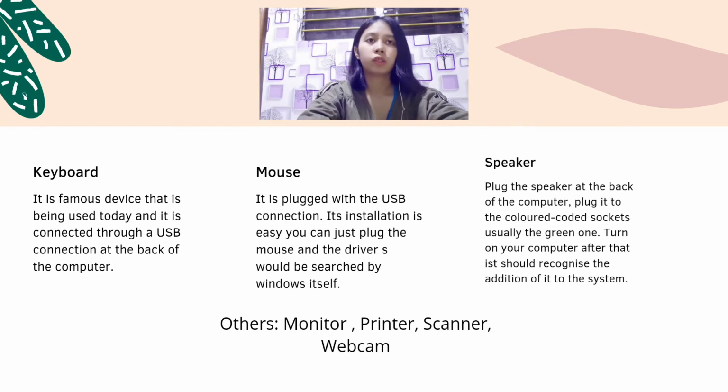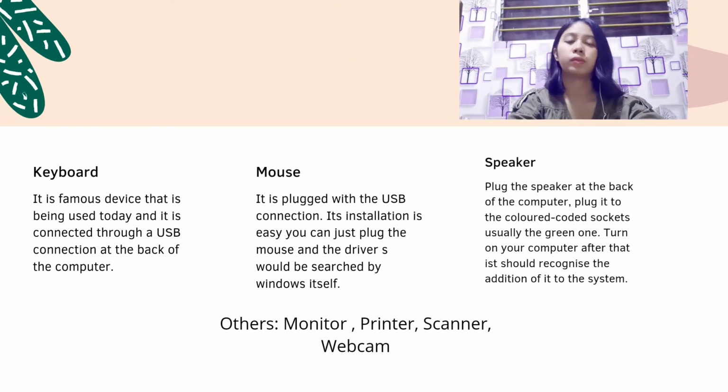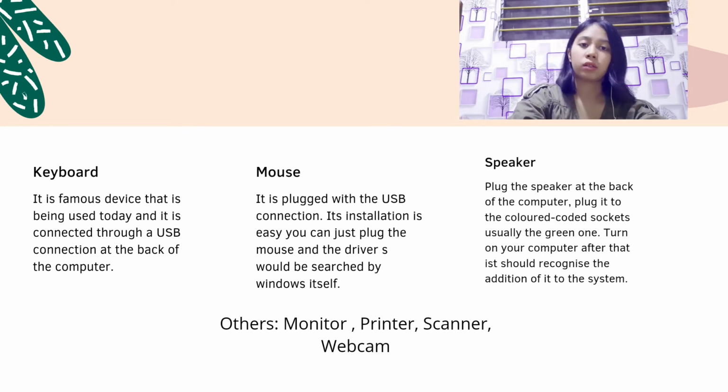You can just plug in the mouse and the drivers will be searched by Windows itself. Speaker: plug the speaker at the back of the computer, into the color-coded sockets, usually the green one. Turn on your computer, and it should recognize the addition of the speaker to its system.